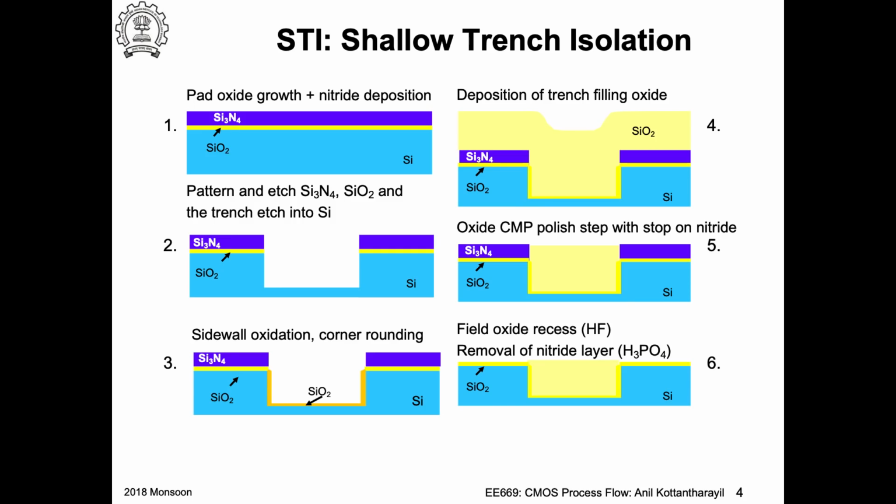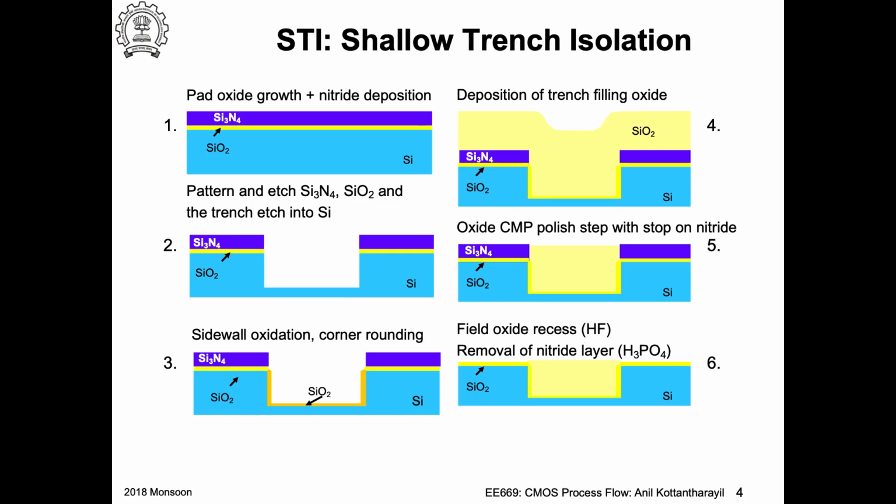So what you do is grow a thermal oxide, typically about 20 nanometers at very high temperature, typically 1100 degrees centigrade, and you use pyrogenic oxidation so that you have the viscous flow of the oxide during the growth. So the corners of the silicon are rounded.